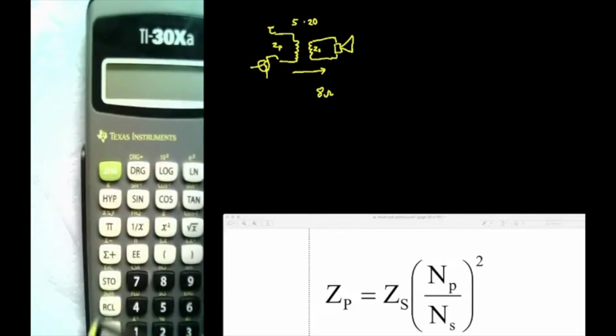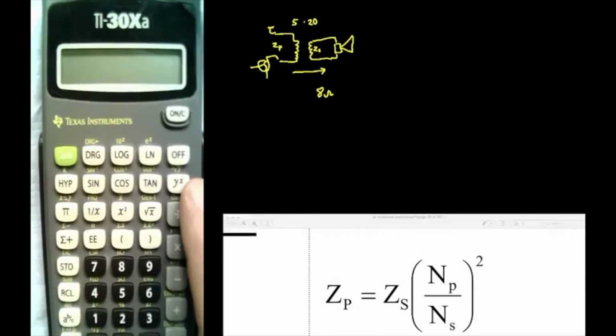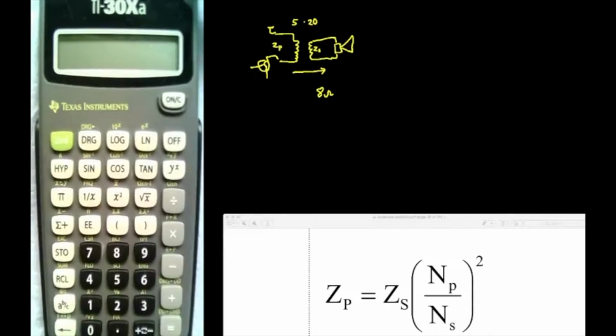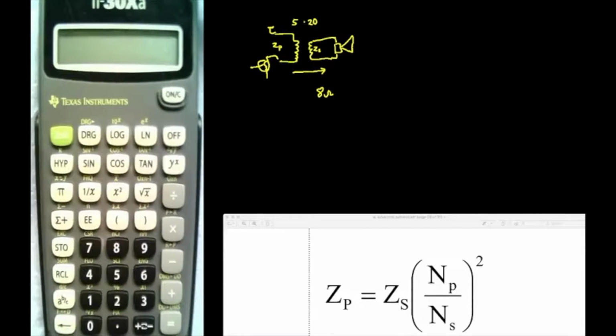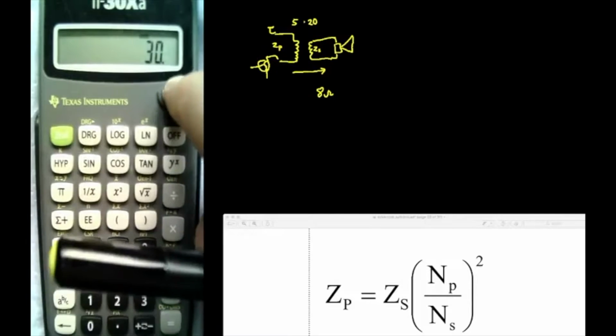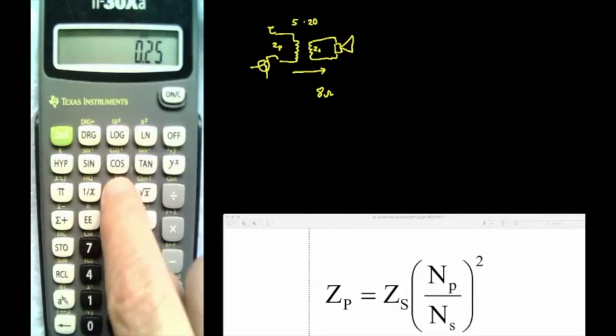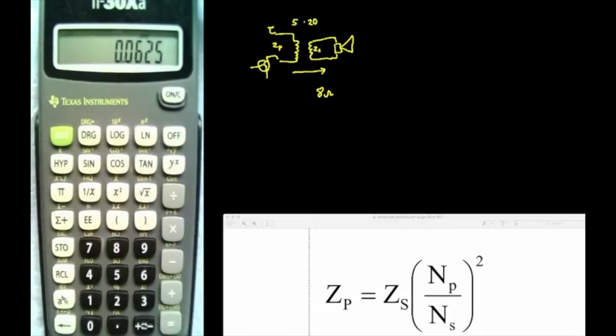Well, first of all, we'd work out NP over NS. So press clear. NP over NS would be 5 divided by 20. So that's actually the inverse of the turns ratio. And we can square that with the x squared button. And now we can multiply that by 8.